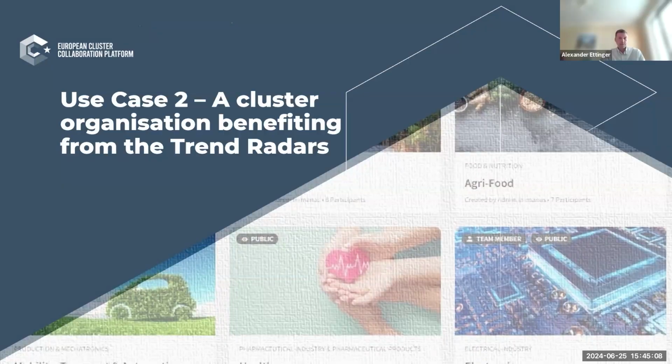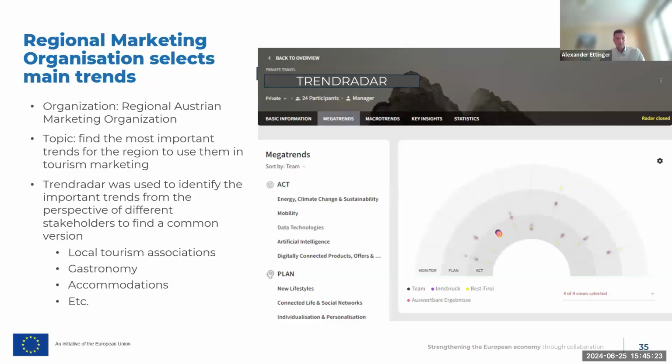Another use case, especially concentrated on the trend radar. It's also about an organization that used the trend radar for trend selection. It's a regional marketing organization. They selected their main trends. It's an Austrian marketing organization.